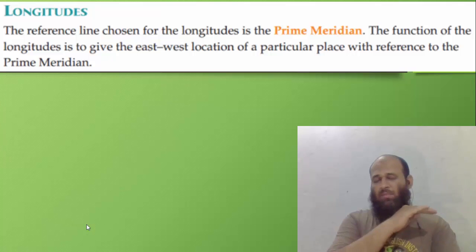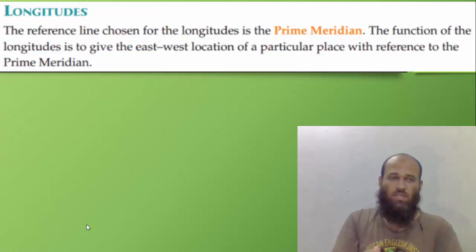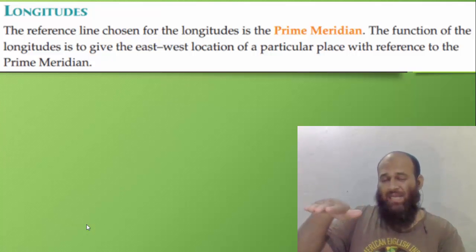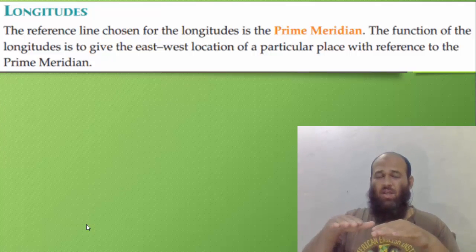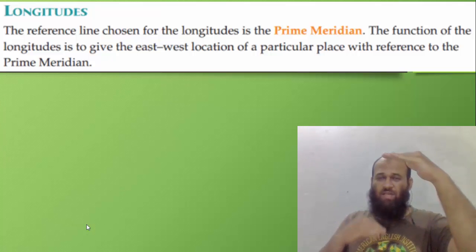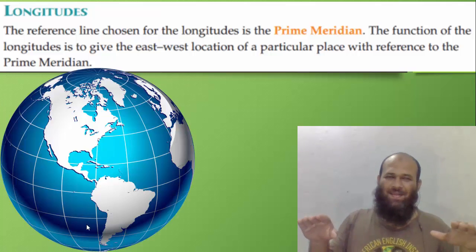Now we spoke about latitudes, let's talk about longitudes. The reference line at the center of the Earth, which divides the Earth into northern hemisphere and southern hemisphere, is the equator.